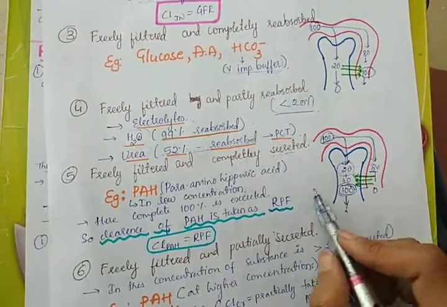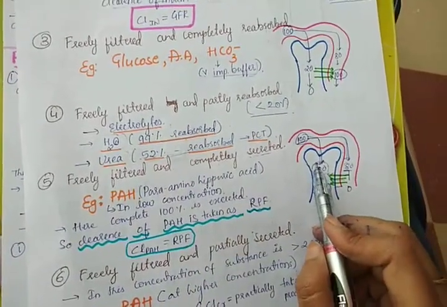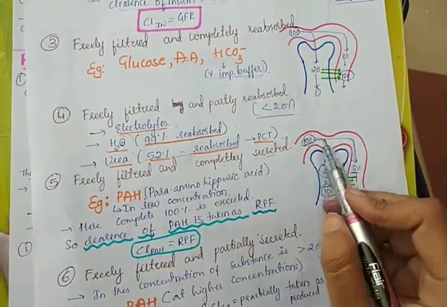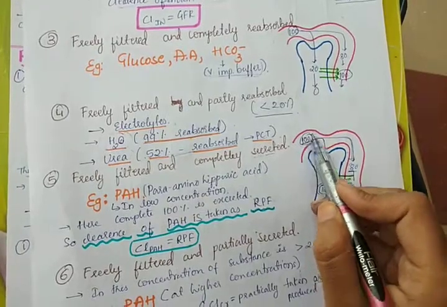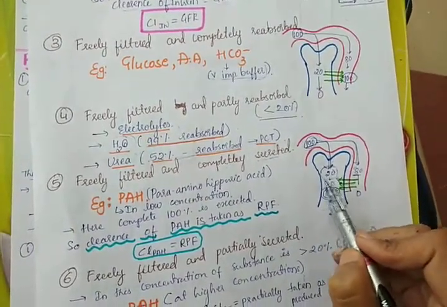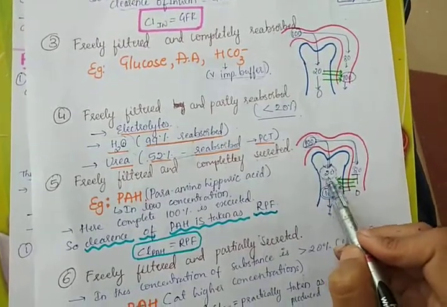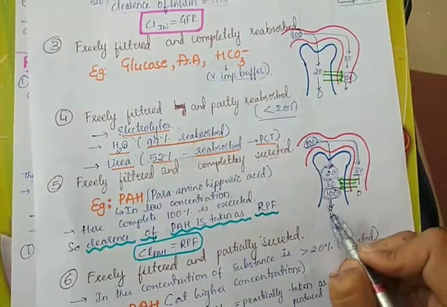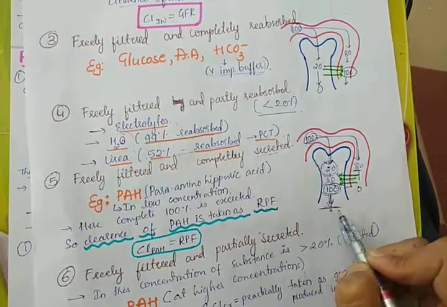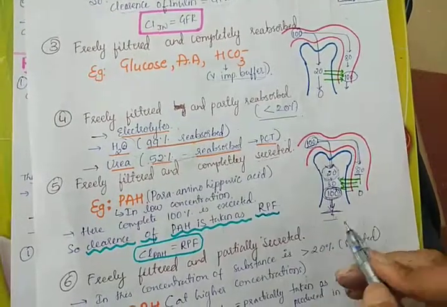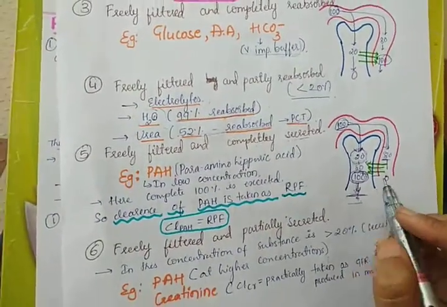Now this will be similar to renal plasma flow, because we are considering renal plasma as 100%, then we are getting 20% as our filtration fraction, nothing but GFR. So if the total 100% is being excreted into the urine, we can take its clinical application for the calculation of renal plasma flow.